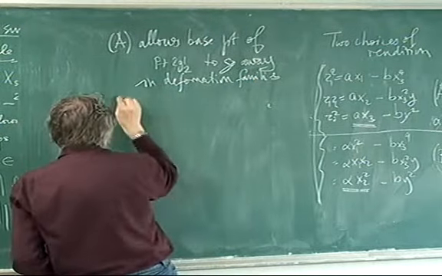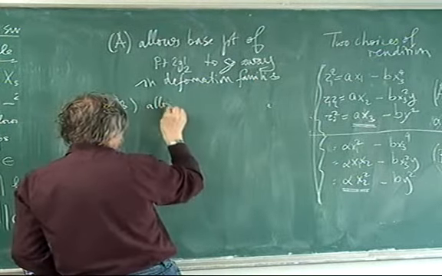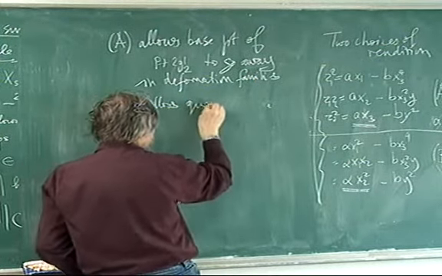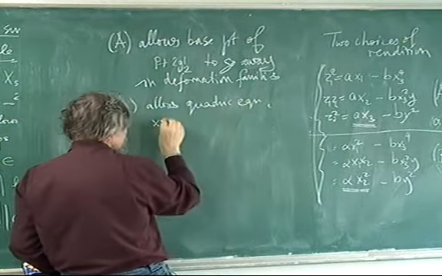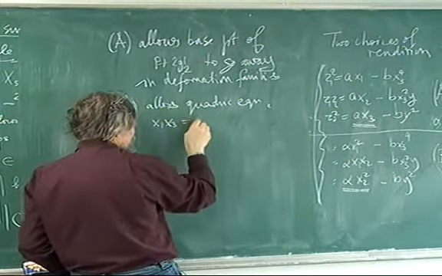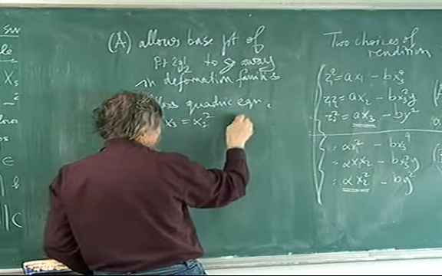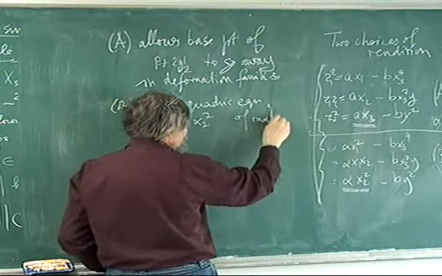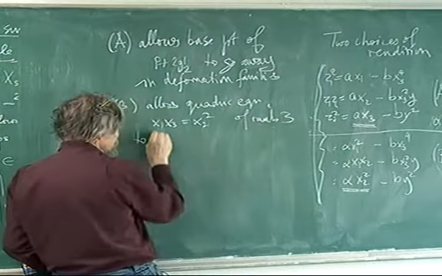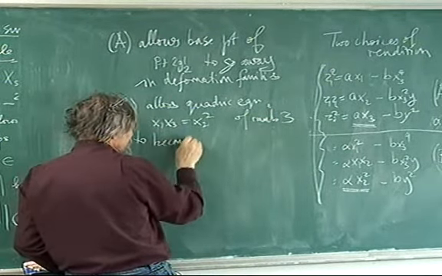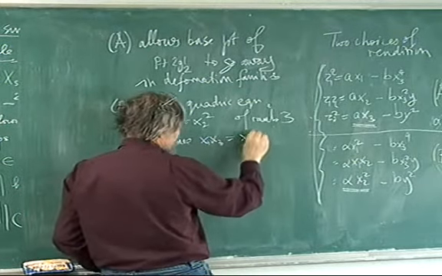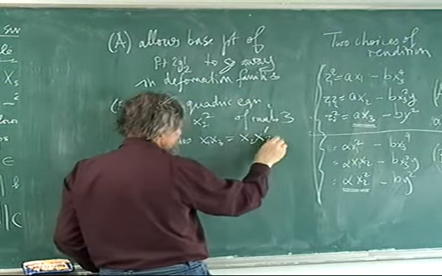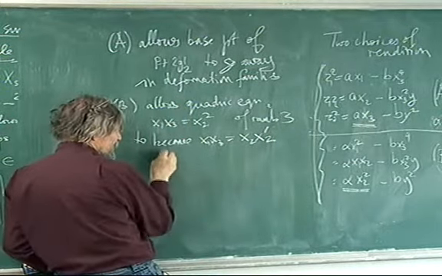Whereas B allows a quadratic equation x1, x3 equals x2 squared of rank 3 to become x1, x3 equals x2, x2 primed of rank 4.